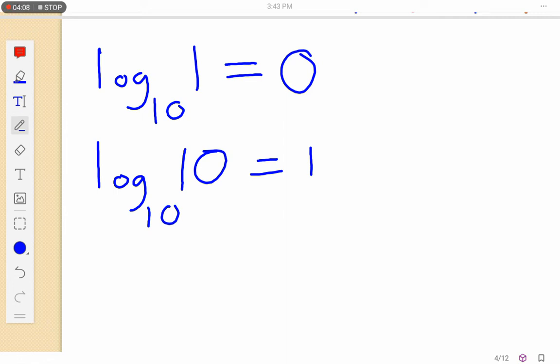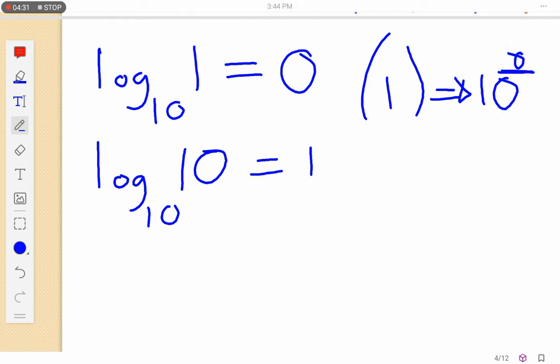That's what we are doing, like from the introduction where I was showing that if we have 1, it means it's a number that is 10 to the power of 0.